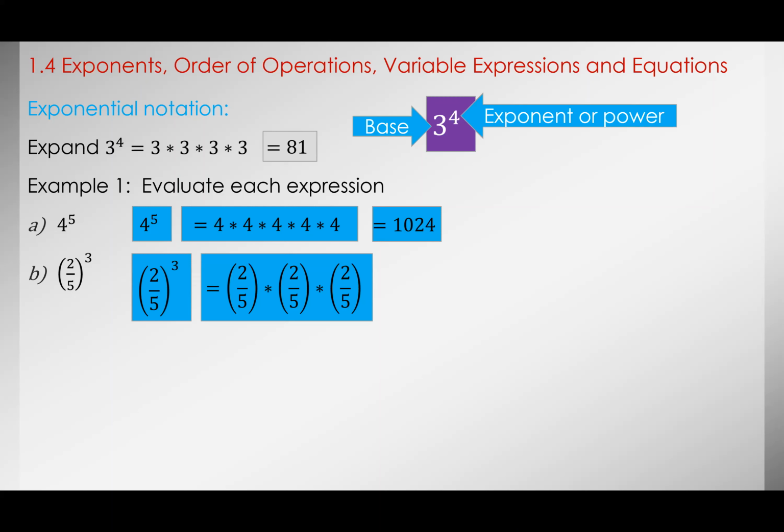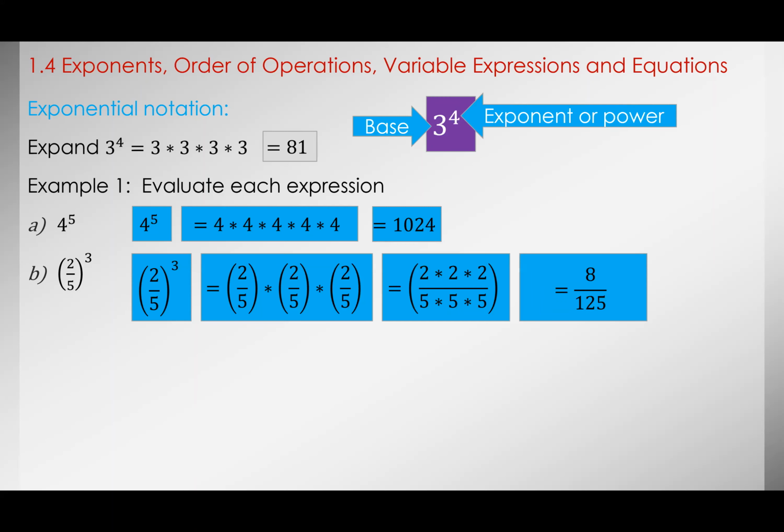And we know how to multiply fractions from yesterday: the top times the top times the top, the bottom times the bottom times the bottom, which is 2 times 2 is 4, times 2 will give me 8, 5 times 5 will give me 25, times another 5 to give me 125. So don't get discouraged if they give you a fraction raised to a power. Just know that whatever the power is, we write the base that many times. If the power is 10, whatever your base is, you say that number times that same number 10 times.